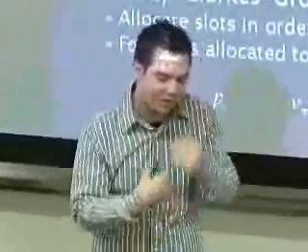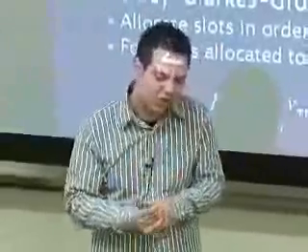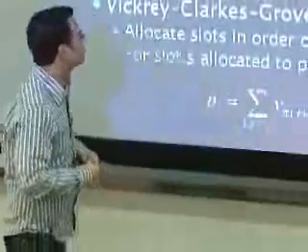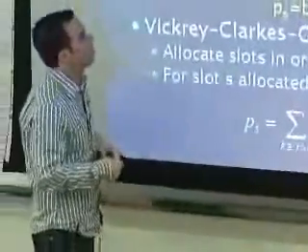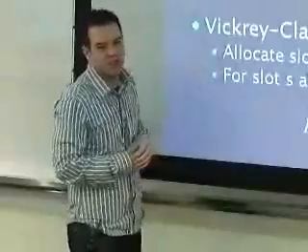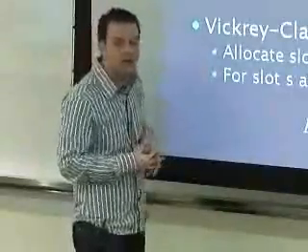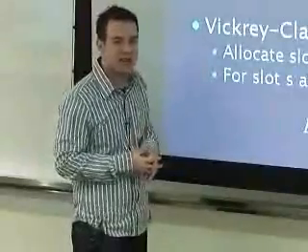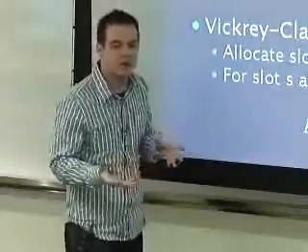In real life, you also have these issues. For example, I can make the argument that if a search engine used VCG, then potentially the advertisers could understand that it's in their best interest to bid their value.